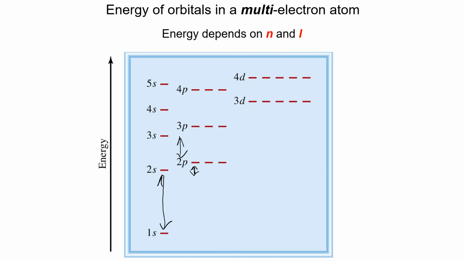So normally we fill the 1s, the 2s, the 2p, the 3s, the 3p. But you see that we're going to fill the 4s before we fill the 3d, and then the 4p is filled, then we go to the 5s and the 4d. So there's overlap in energy once we hit n equals 4. And we'll see that when we practice and review the electron configurations.